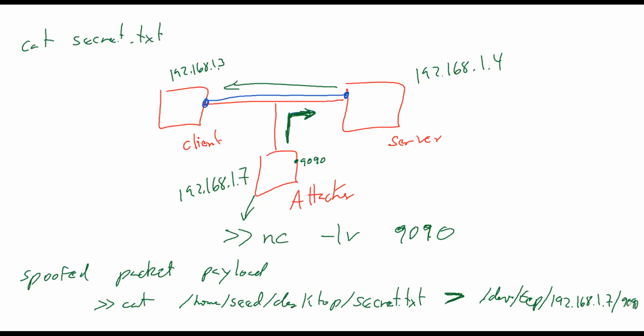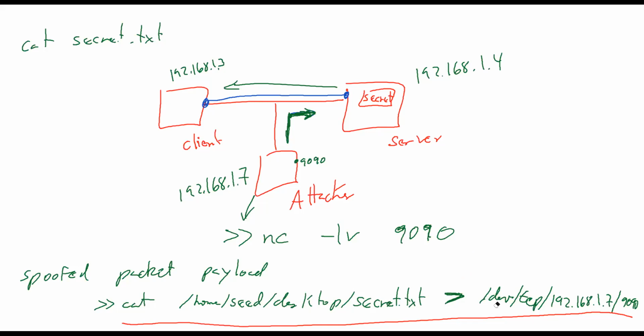So that's basically what you have to do. You have to build a spoof packet, but the spoof packet, as part of its data, needs to carry the payload that I just described. When that payload is delivered, it grabs the secret file and redirects it to the devices in the server.